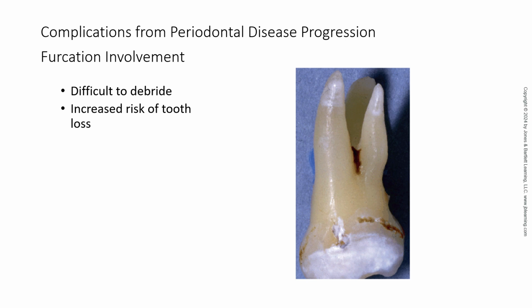Furcations can be very difficult to debride, which can make it difficult to manage and stop the progression of periodontal disease, which can increase the risk for tooth loss.